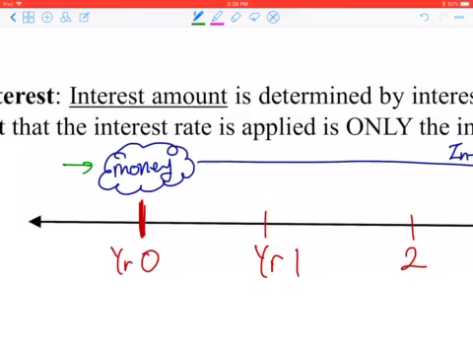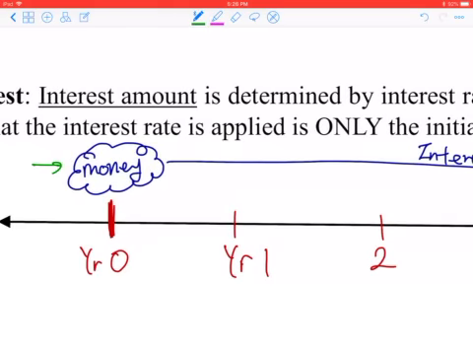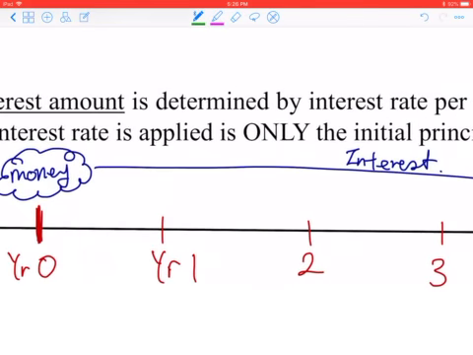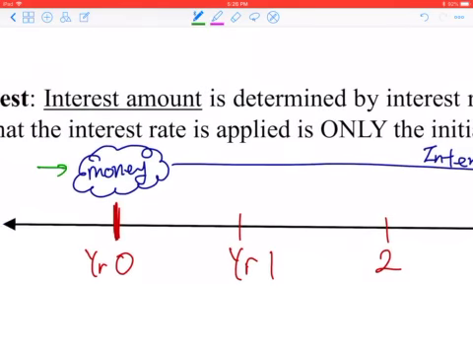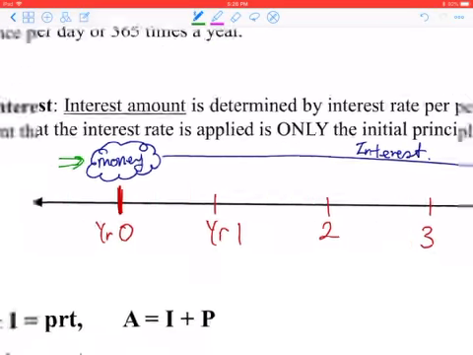So it doesn't matter how much it grows by year 1, year 2, or year 3. It will only be applied to your initial amount of money, which is the principal amount, okay?